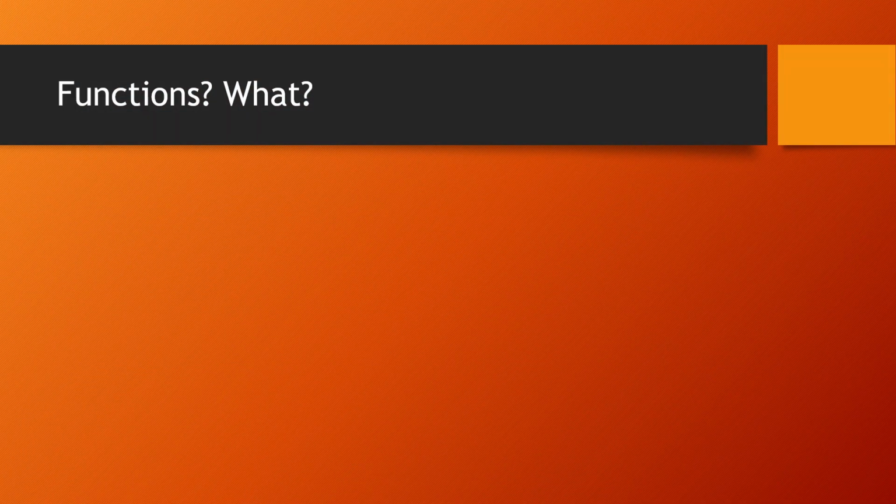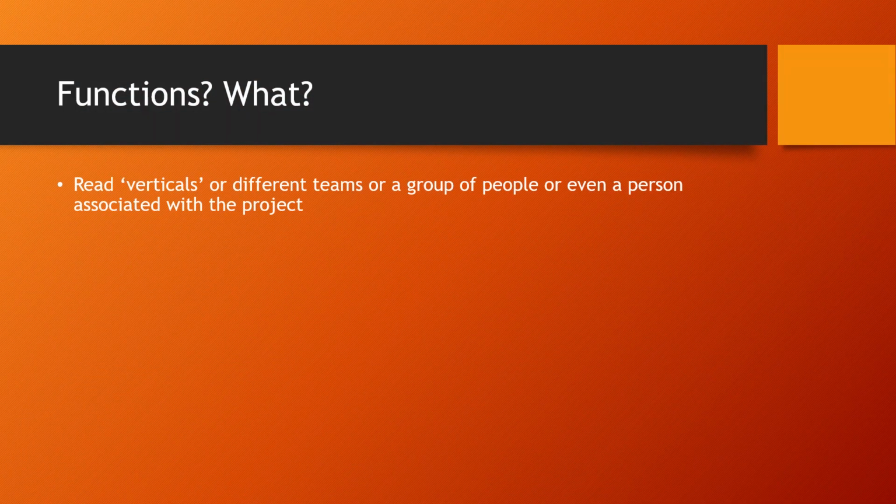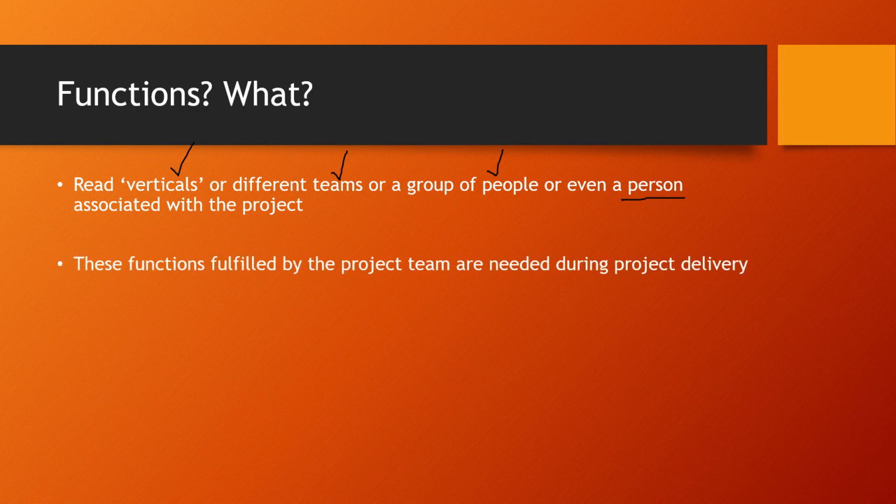So what are functions? I talked about it in the beginning also. You can read functions as different verticals or different teams or even a group of people or maybe even a single person. So a single person may be responsible for a certain function that is associated with the project. Now these functions are fulfilled by the project team and they are needed during project delivery, which is of course a given, right?